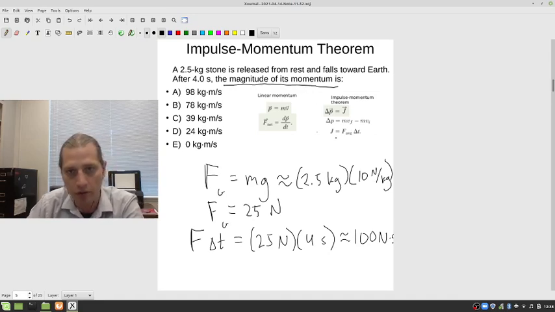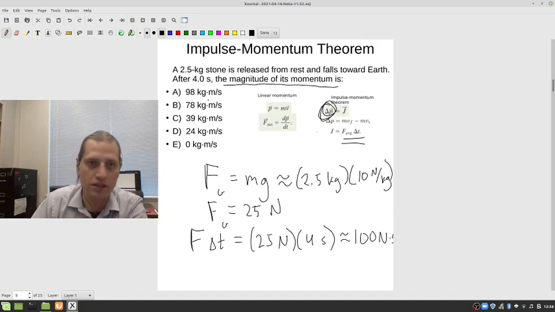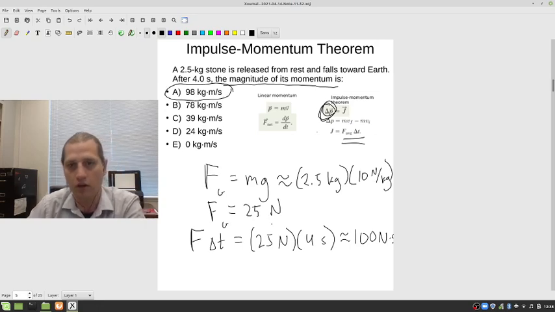Well, remember, your force times time equals your impulse. If you started out with no momentum at all, because it's not moving, and you drop it, that is the amount of momentum that it has acquired through this impulse. So this has to be your answer. It's right around 100, or if I use 9.8, I would get 98.